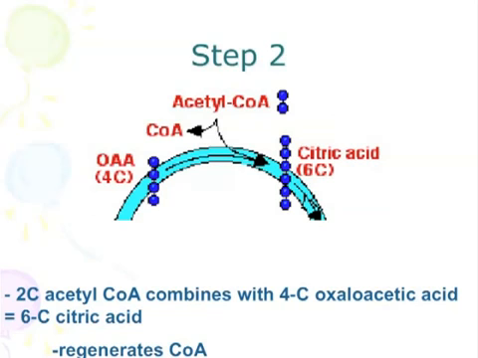But in this step, the 2-carbon acetyl-CoA combines with the 4-carbon OAA to make the 6-carbon citric acid. And also, because coenzyme A is an enzyme, it needs to be regenerated so that it can go and combine with another pyruvic acid and bring another pyruvic acid into this cycle. Because remember, this is all due to enzymes.